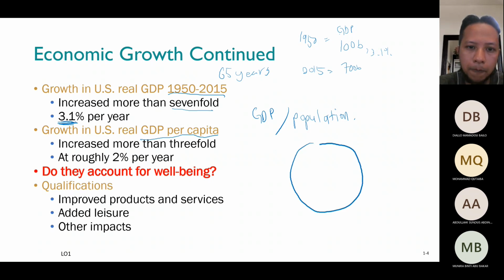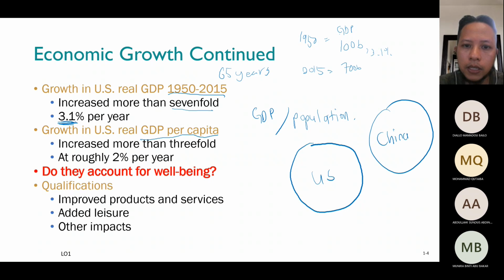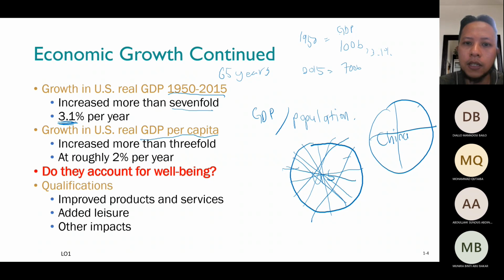So if you have a big cake, maybe you can say that US and China have big cakes. Okay, however, when you divide this cake among the population, they have a lot of population and each person only gets a small slice. Okay, especially when it comes to China, although the economy is big, when you divide the cake for each person, actually the GDP per capita is quite low.